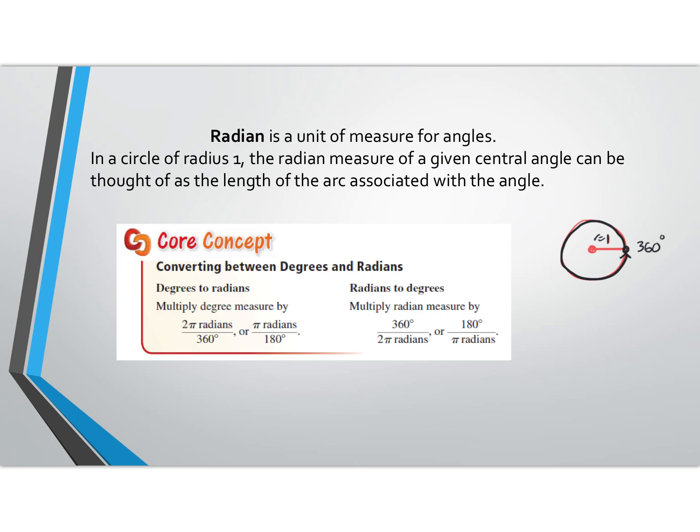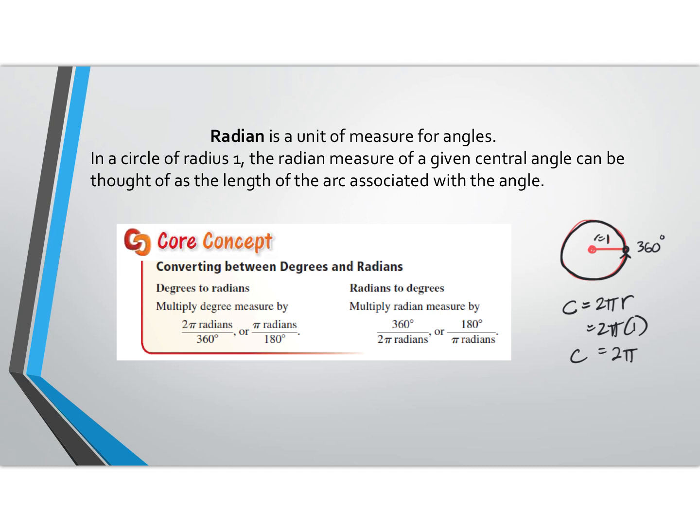360 degrees. So if I did radians, notice that if my radius is 1, I know my circumference is 2 pi r, and if r is 1, then my circumference would be 2 pi.